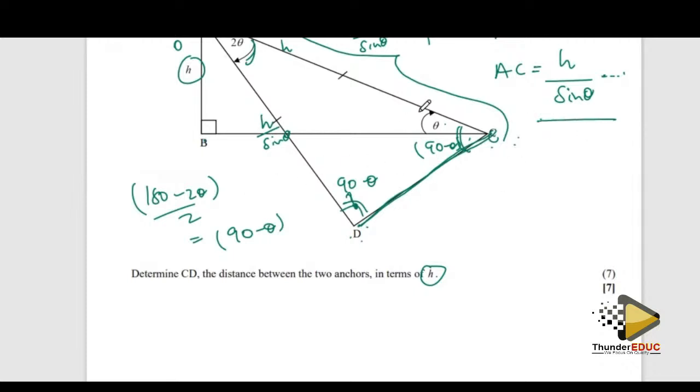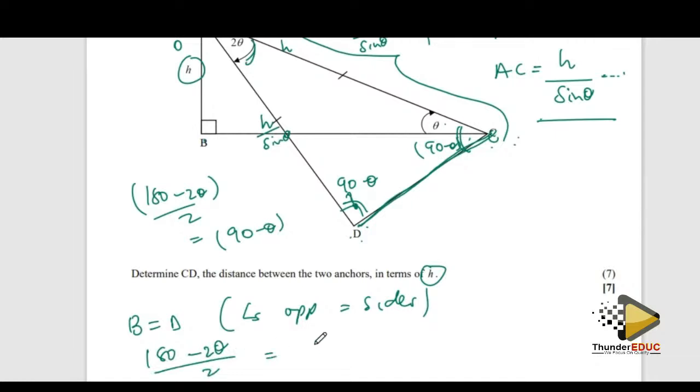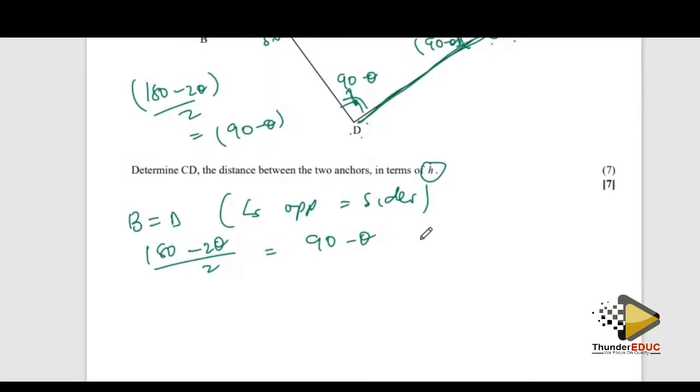So angles opposite equal sides are equal: D is equal to C, which is 90 minus theta.